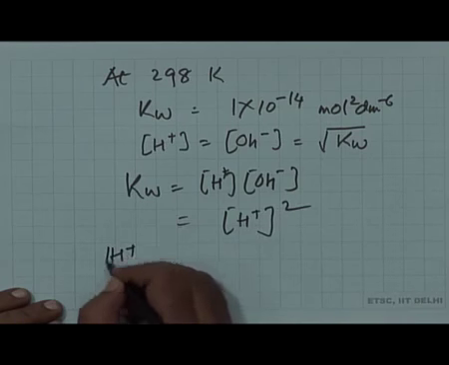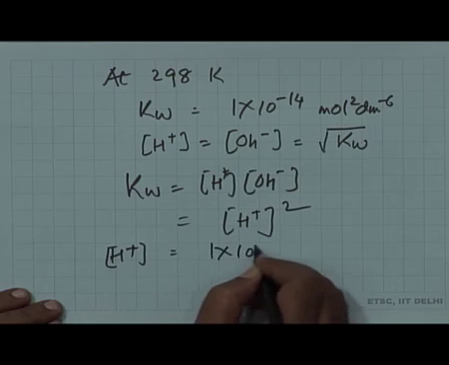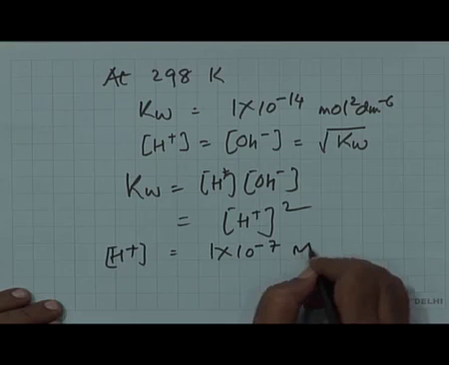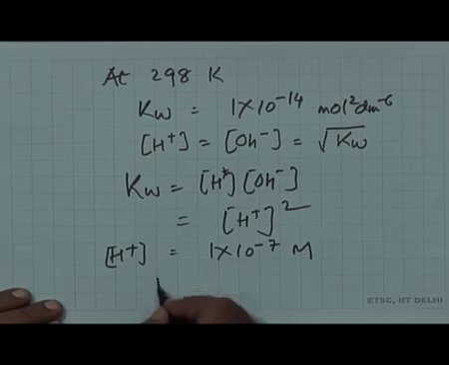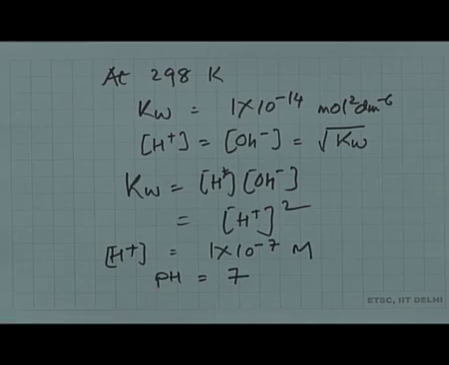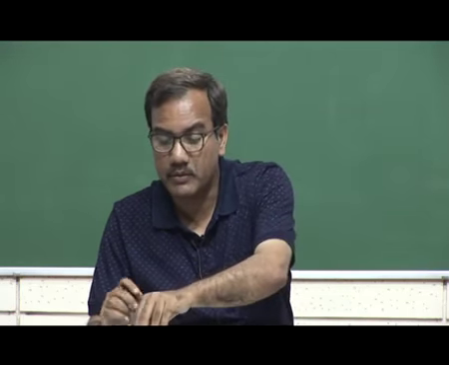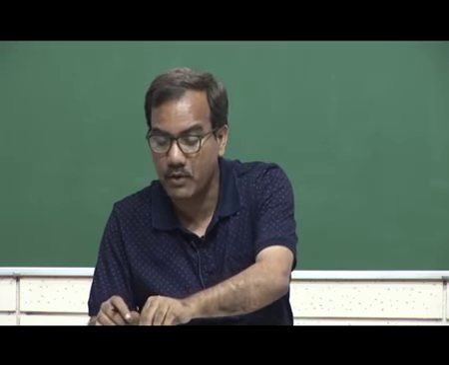So, H plus ion concentration will be equal to 10 to the power minus 7 molar, and so pH will simply be 7. So, for an aqueous solution of a salt of a strong acid and strong base, pH will be 7.